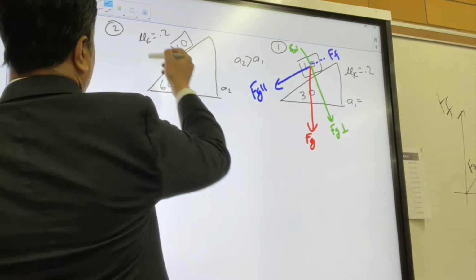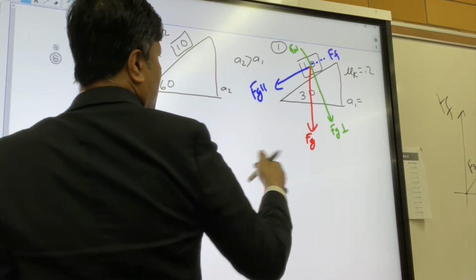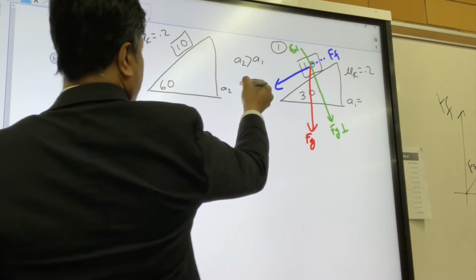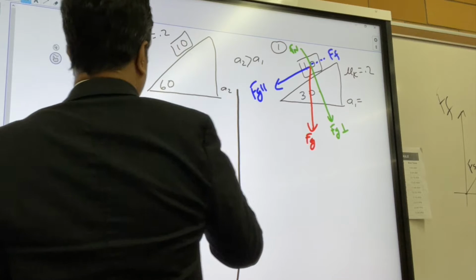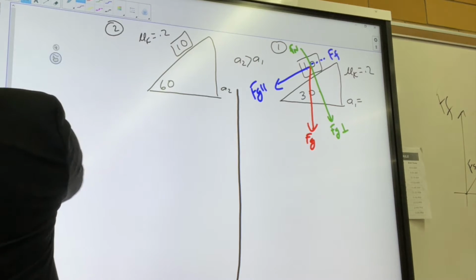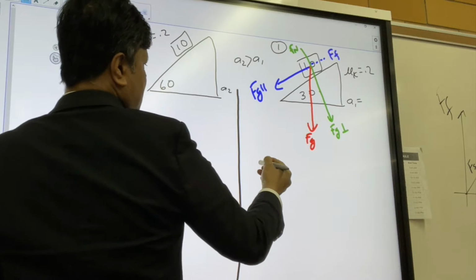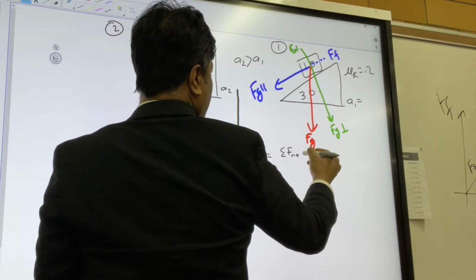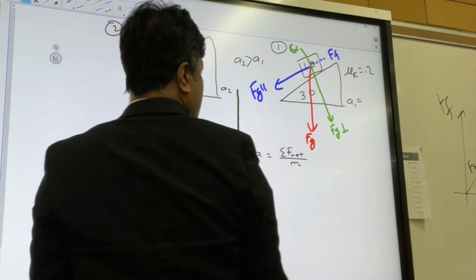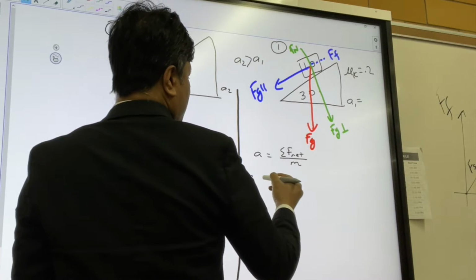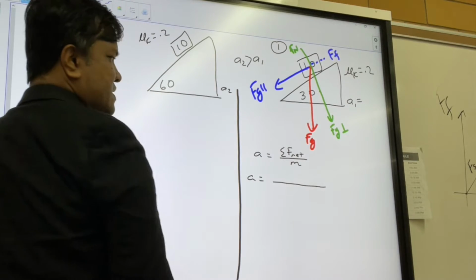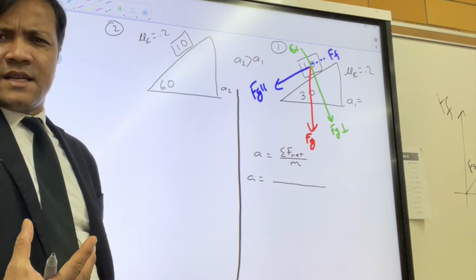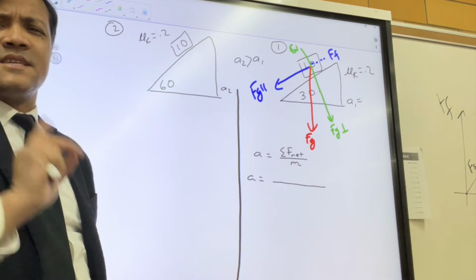Okay, so let's calculate it. We can do it directly. I'm going to use two approaches, one approach here and one approach here. Whatever you like, you can use. So acceleration is, of course, net force over mass. So what is net force? Net force is all the forces acting in the direction in which the object is accelerating.